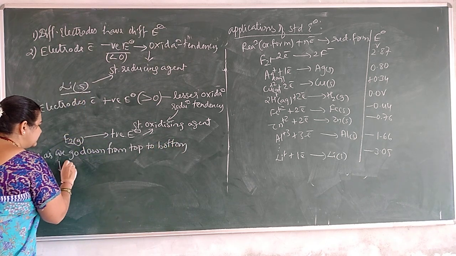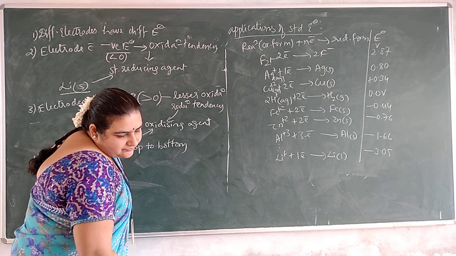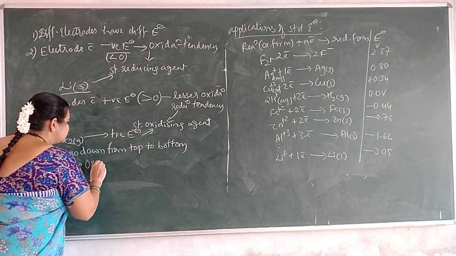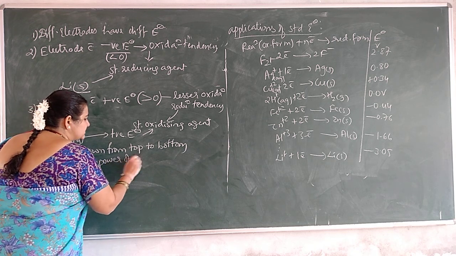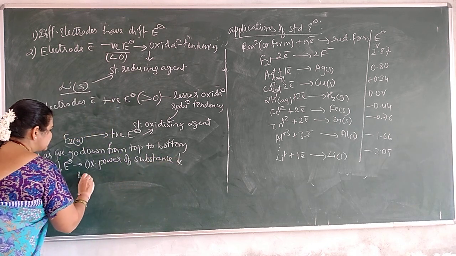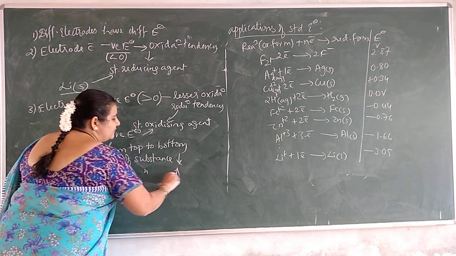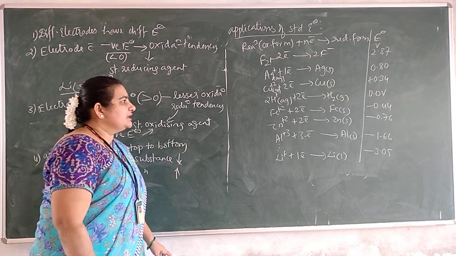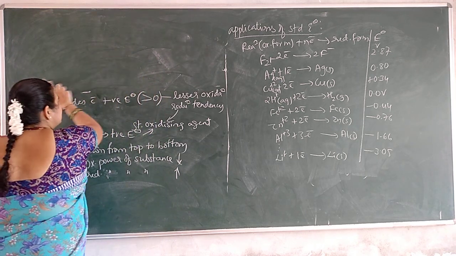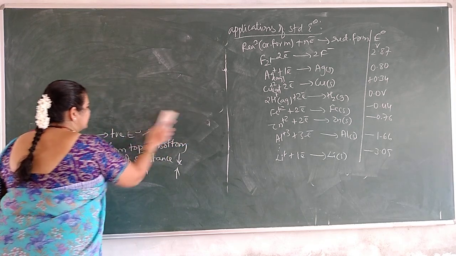Electrode potential decreases, so the oxidizing power of the substance decreases and hence the reducing power of the substance increases. Now the next applications of electrode potential, there are another three properties. I will explain those.